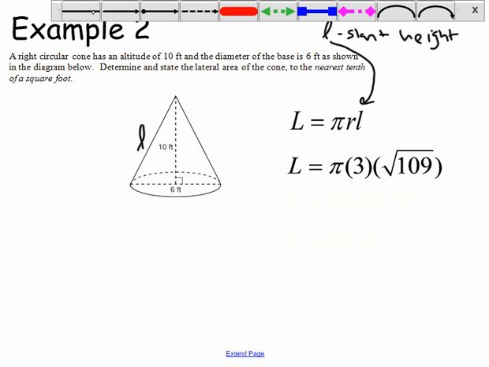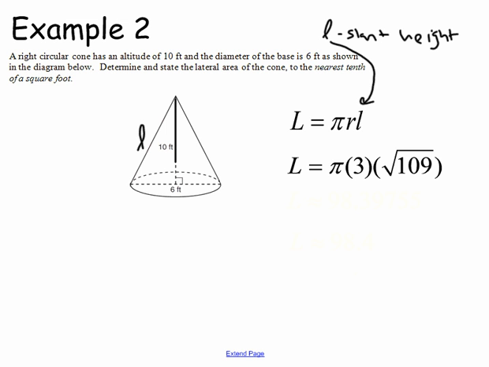So let's highlight a couple of things. You have a right triangle here, and you're looking for the hypotenuse. You know this leg is 3 because it's half of the diameter, and this leg is 10. So a squared plus b squared will give you c squared, which is l squared.